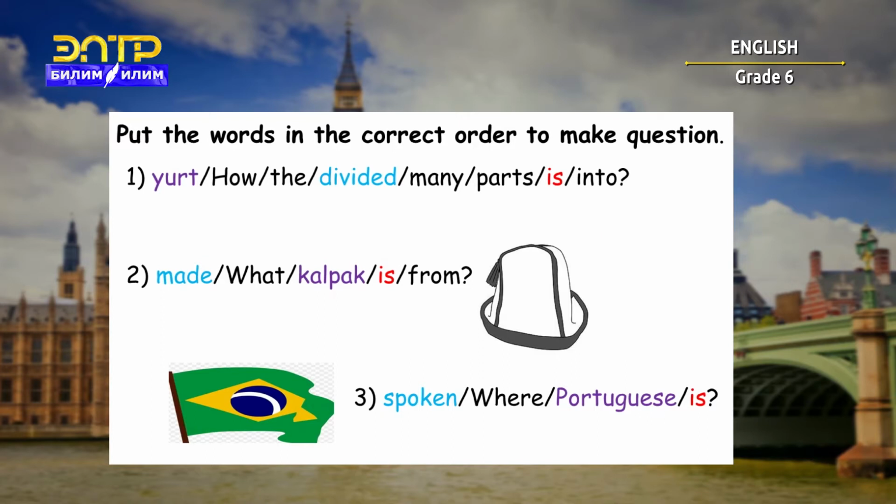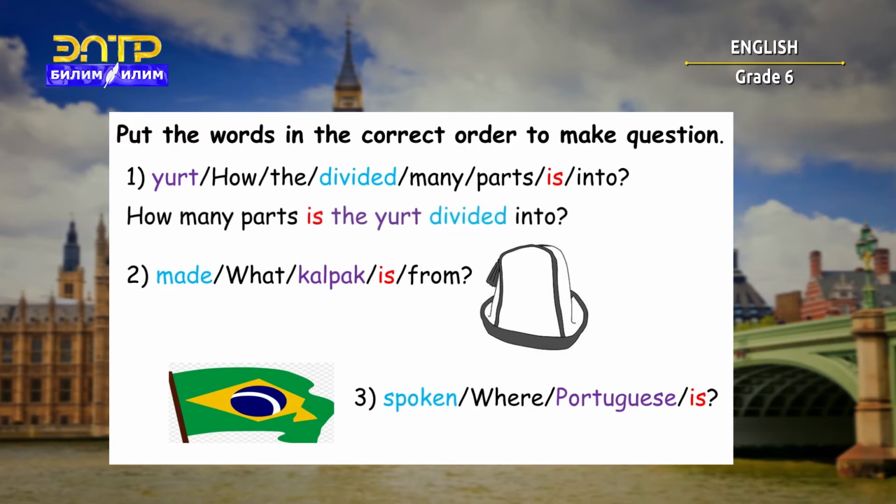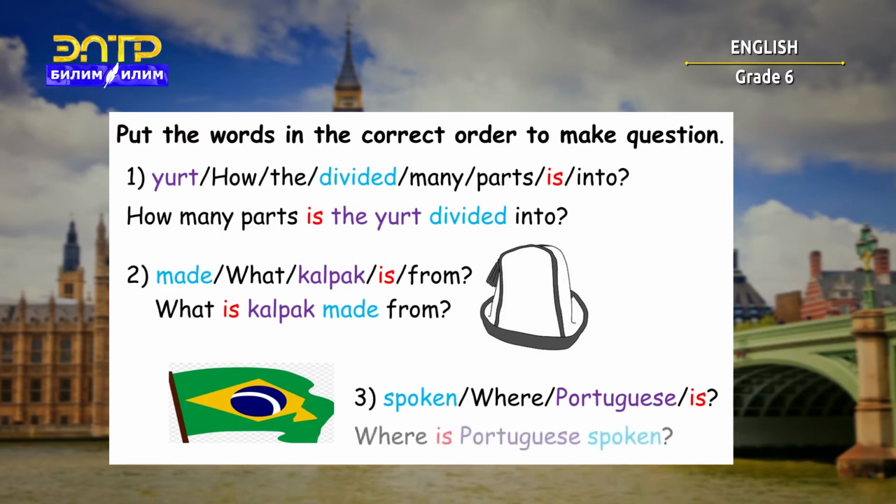Now let's check. The first sentence is: how many parts is the year divided into? What is kalpak made from? And the third sentence: where is Portuguese spoken?